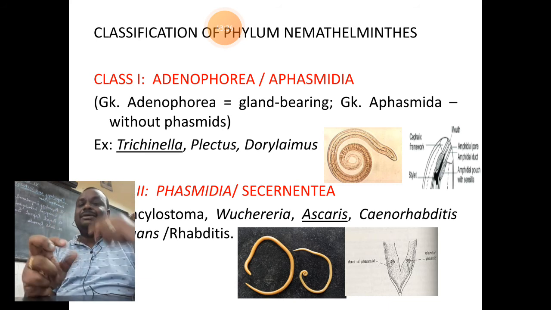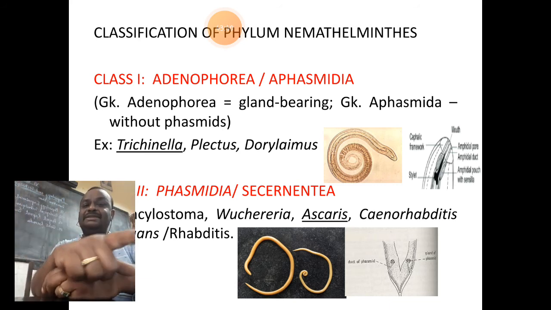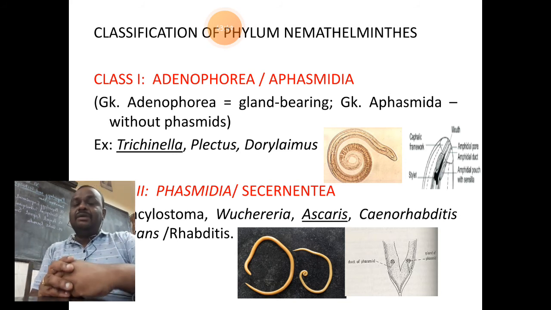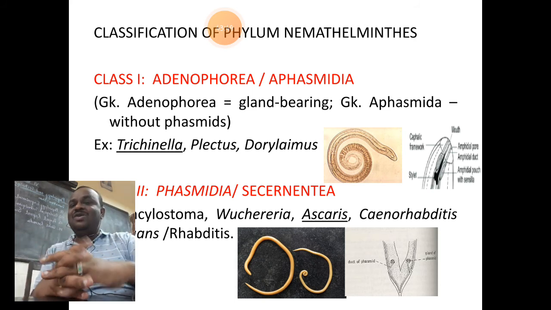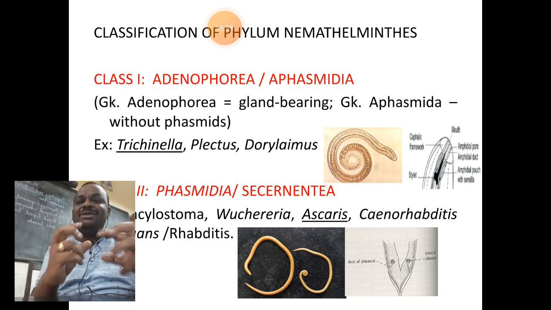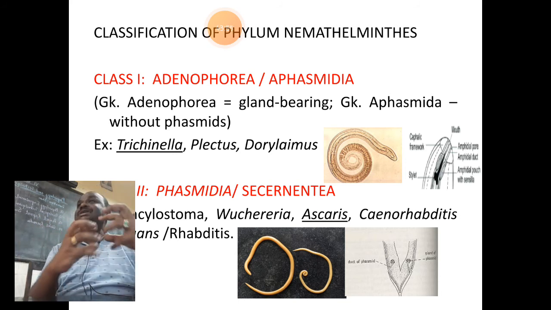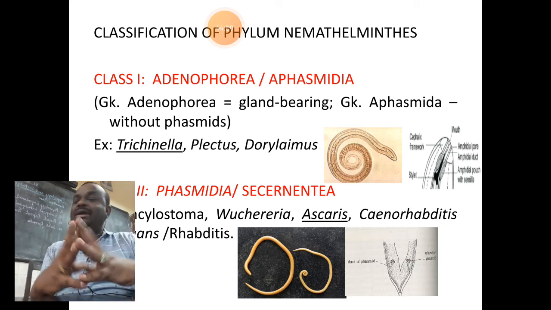If the sensory structures are seen towards the anterior side, we call them amphids. So, that group of amphids comes under the Adenophorea or Aphasmidia group. So, the class 1 group of organisms includes amphid sensory organs. For example, here is the Trichinella.